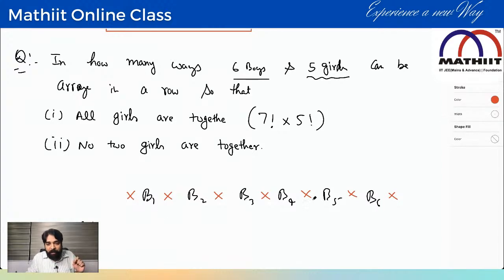So how many places for the girls? In total there are 7 places because of 6 boys. Between them 5 gaps and 2 extremes, 7 places. In those 7 places, we have to arrange only 5 objects. Places 7, objects 5. So 7P5.